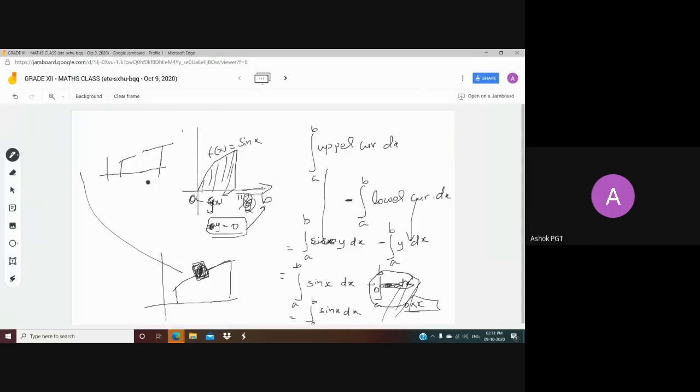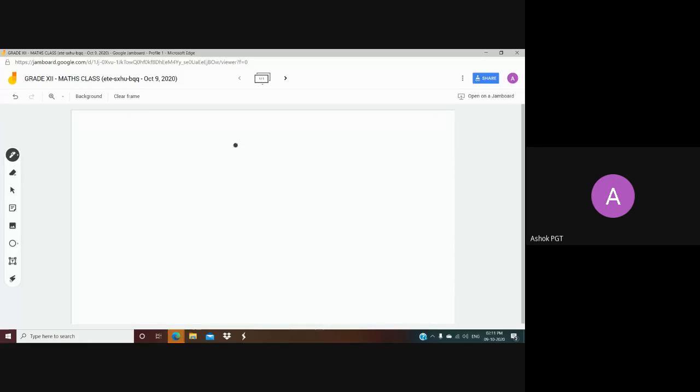And one more thing, in derivatives, students, opposite of addition is subtraction, opposite of multiplication is division. Similarly, opposite of derivation is integration.